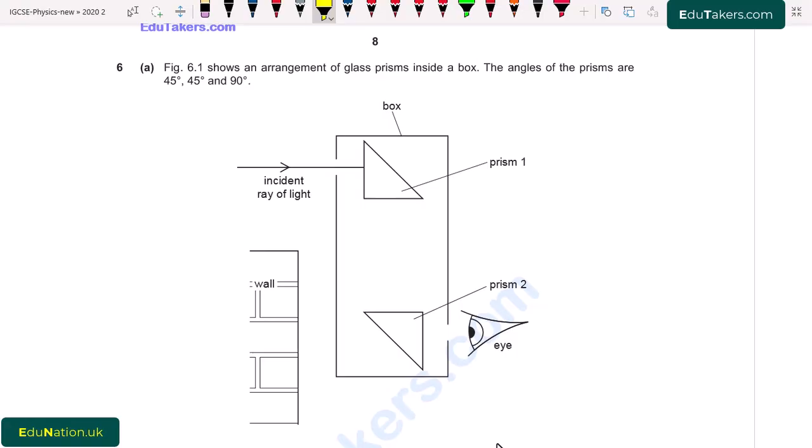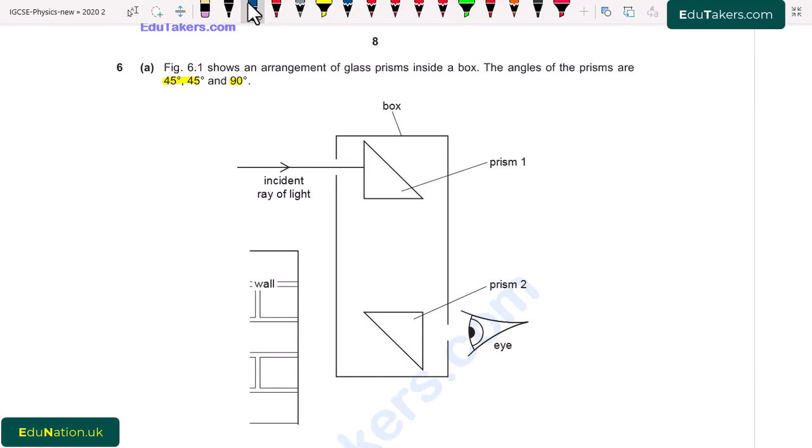Question number 6, Part A. Figure 6.1 shows an arrangement of glass prisms inside a box. The angles of the prisms are 45 degrees, 45 degrees and 90 degrees. You can see here it's an arrangement and this is prism 1 and this is prism 2. The angles of these prisms are 45, 45 and 90.